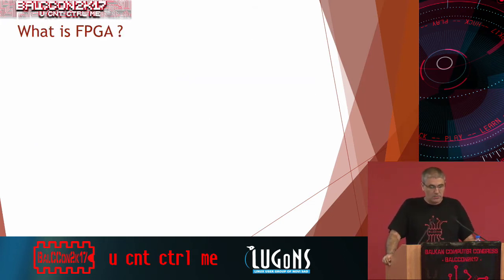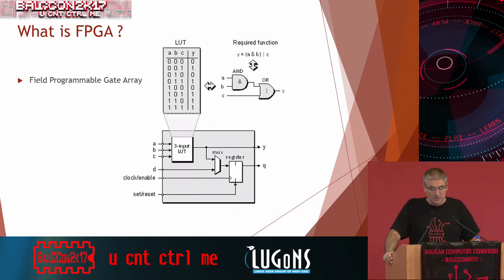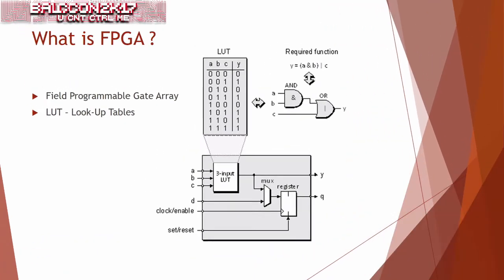So now the question: what is an FPGA? FPGA is the abbreviation for field programmable gate array. It consists of so-called LUTs, which are lookup tables. Basically, you are doing multiple Boolean operations there. In this case, there is a three input LUT, and you produce one output.